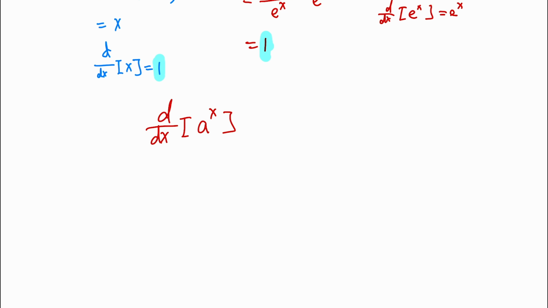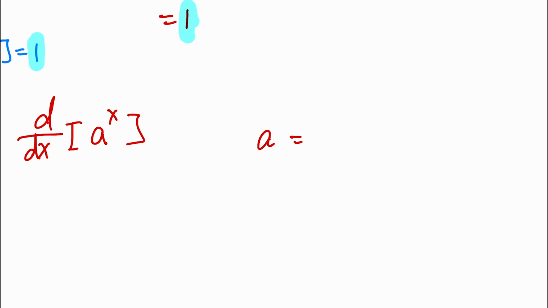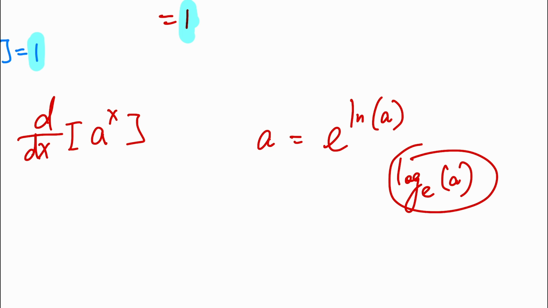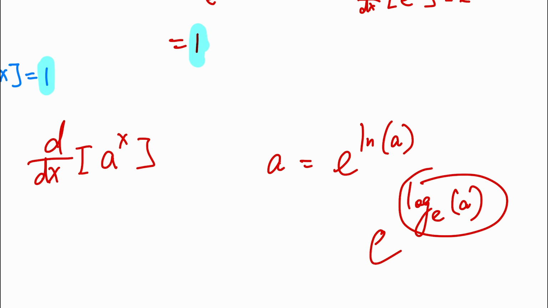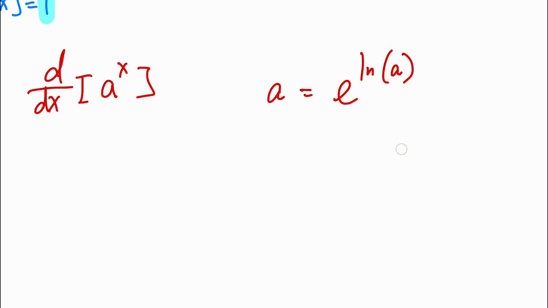So if we want to write a as some sort of e, that would be e to the ln of a, because ln of a is just log with base e of a, and raising e to that turns it into a. Therefore, we have a is equal to e to the ln of a. We can use that later.